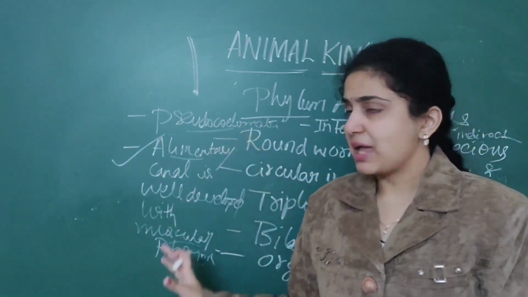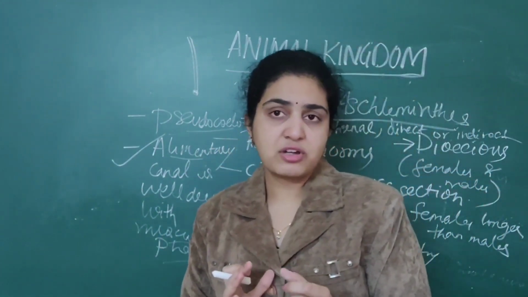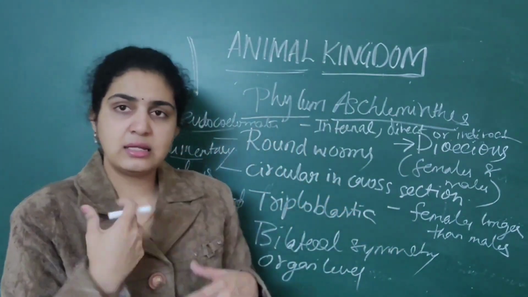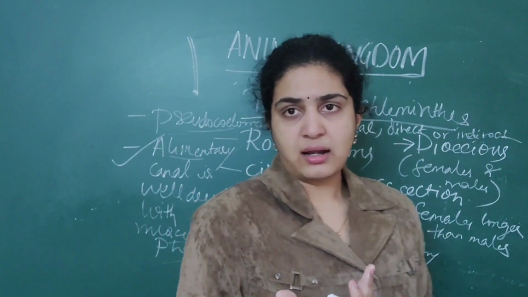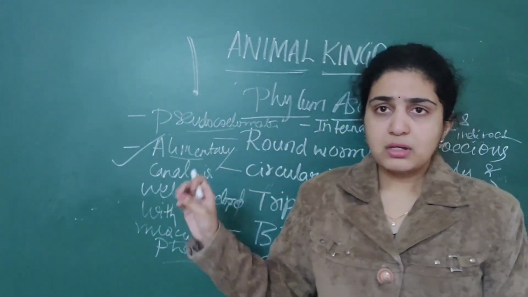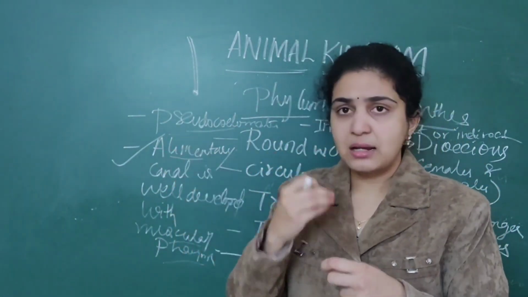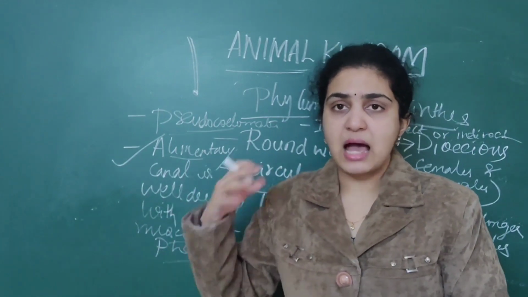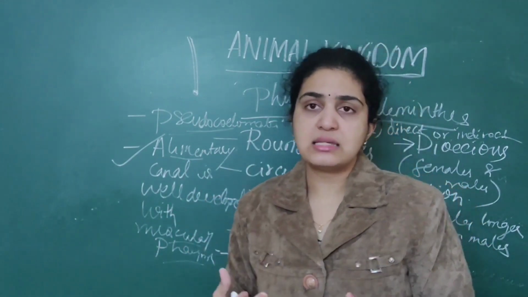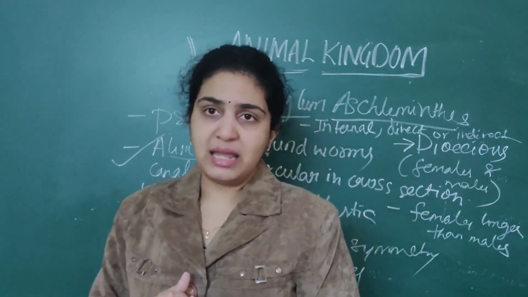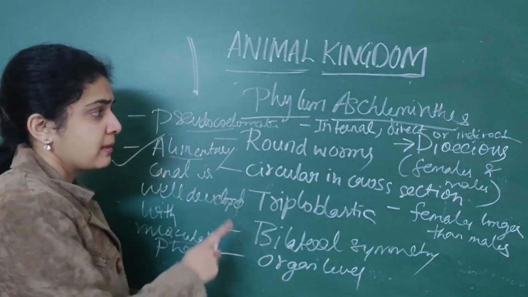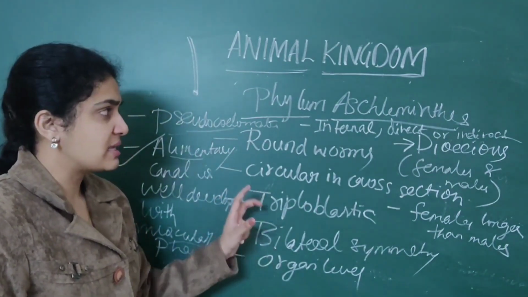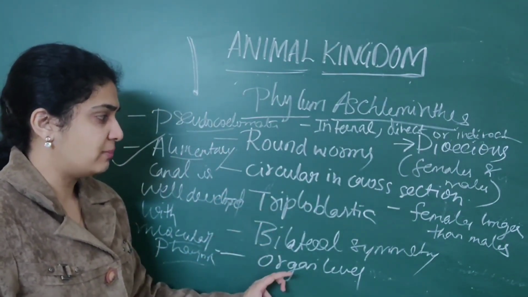I am telling you the differences so that you can easily remember. If I go on writing and telling, you can't understand, so you should understand order-wise. As you write like that, you can easily remember, and you should also make differences. So this is the main specific property exhibited by this phylum.